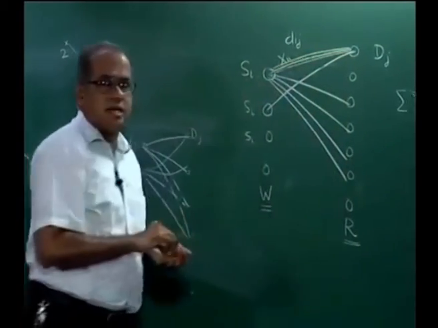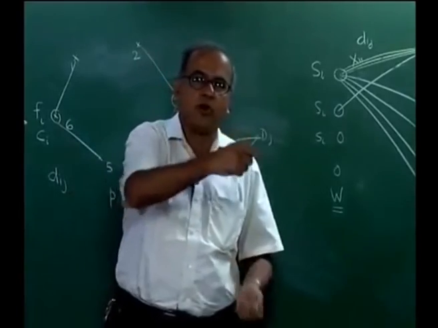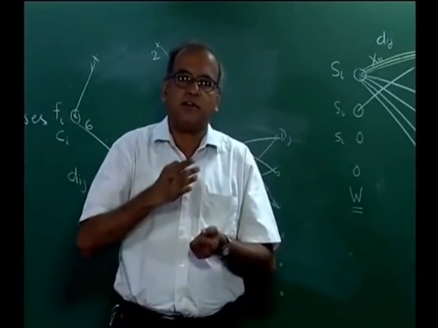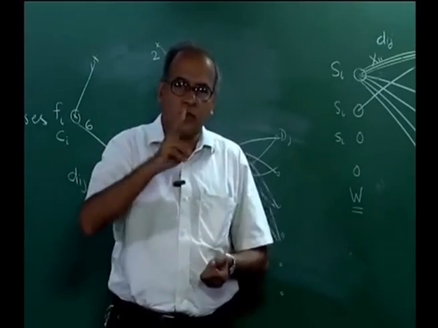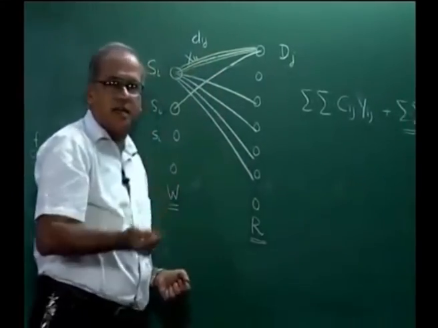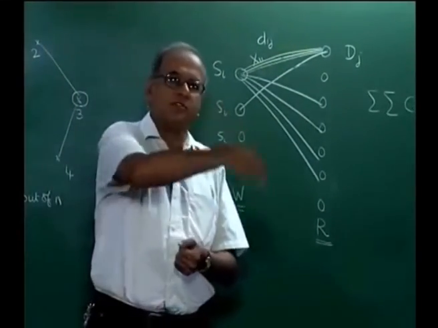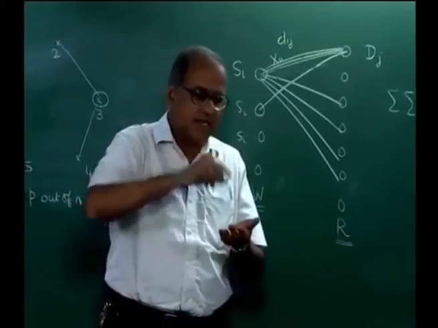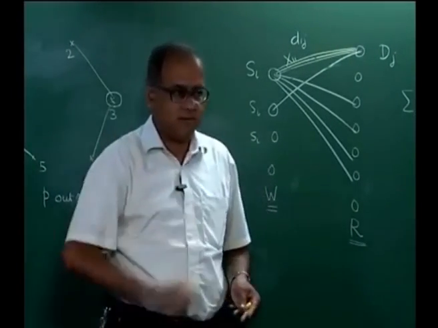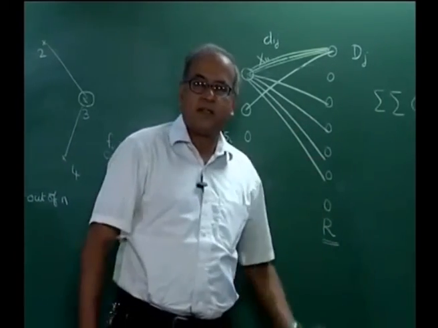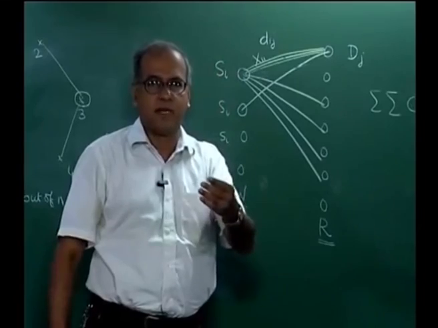This fixed charge would be like an additional toll that I may have to pay if I choose to transport from this to this. So, there are two decisions. First of all, whether I choose to transport from i to j, and then if I choose to transport from i to j, what is the quantity that I transport from i to j. Whether I choose to transport is given by the Yij, and the quantity that I transport is given by the Xij.